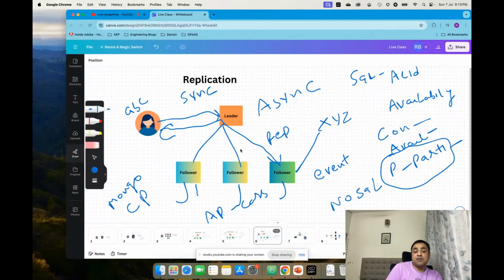Even when you're choosing availability, it's not like consistency wouldn't be there. But when there is some problem in the system, on the basis of the CAP theorem, the different parts of the system will behave according to whether you have chosen strong consistency or availability.